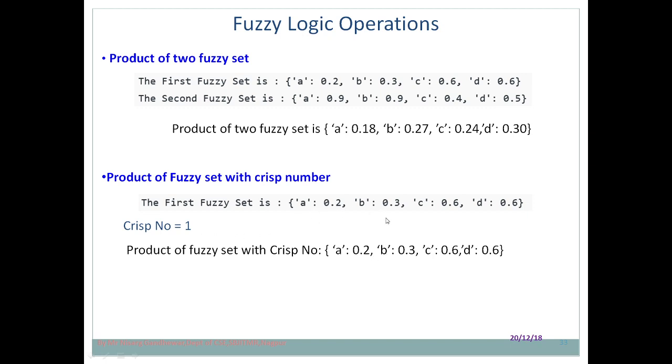So you got 0.2, 0.3 multiplied with 1, 0.3, 0.6 multiplied with 1, you got 0.6, 0.6 multiplied with 1, you got 0.6. That means product of a fuzzy set with a crisp number means whatever crisp number is given to you, it has to be multiplied with the given numbers, so that you will obtain this.